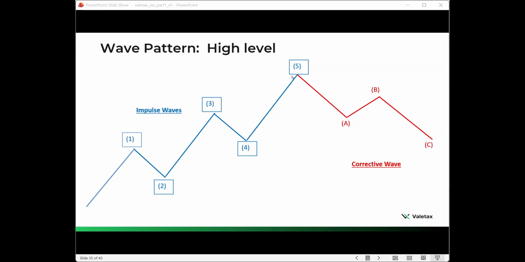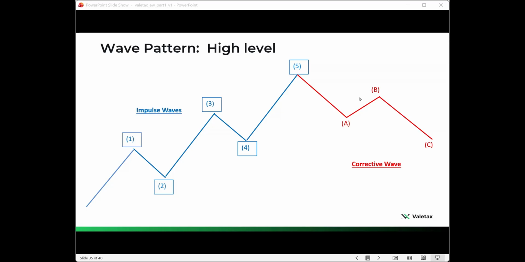Now, the second half of the wave pattern, this is where it gets very, very confusing. This is where a lot of people charge a lot of money to go through this scenario. So I'm going to give you what the technical descriptions are, but I'm going to then apply my experience to it in just a moment. So once the wave pattern is done, then typically you get an A, B, C pattern.